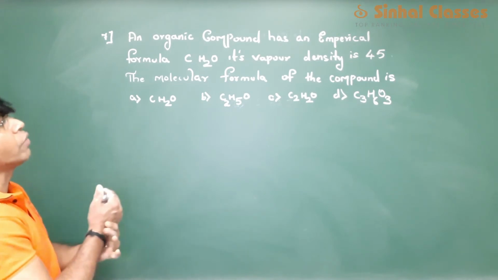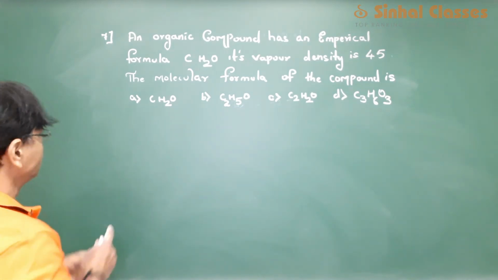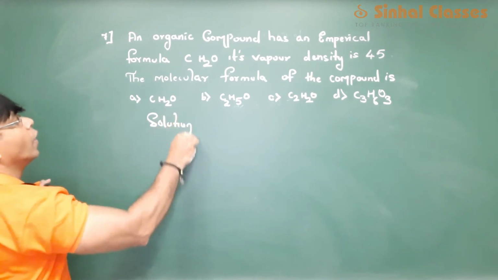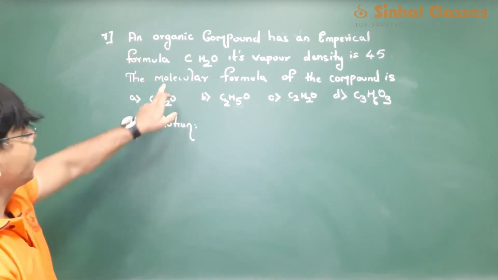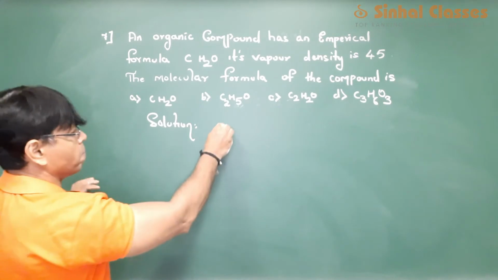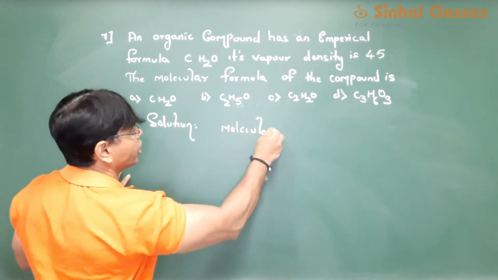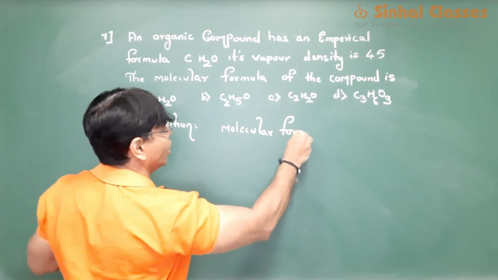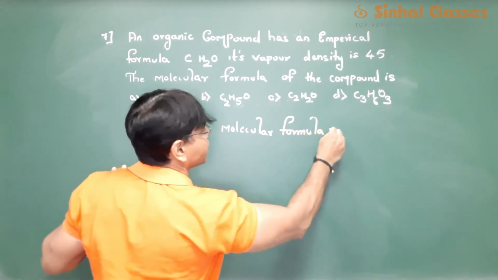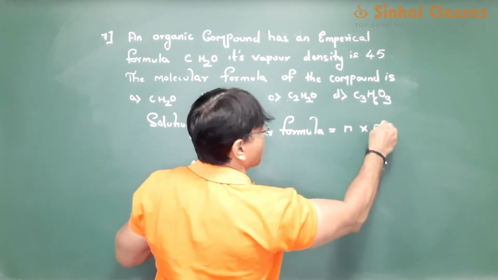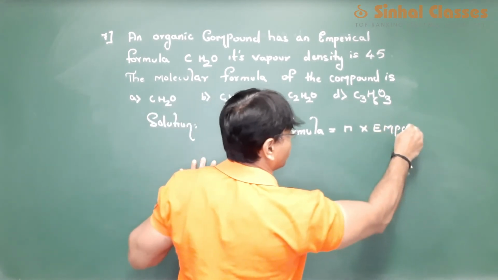So what is the molecular formula for it? Let us see how to solve this question. First thing, how to take out the molecular formula. Say molecular formula is n multiplied by empirical formula.